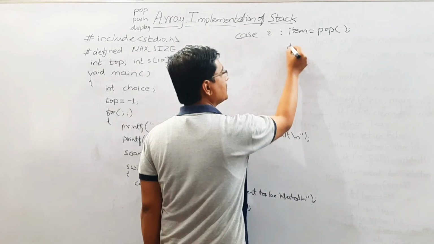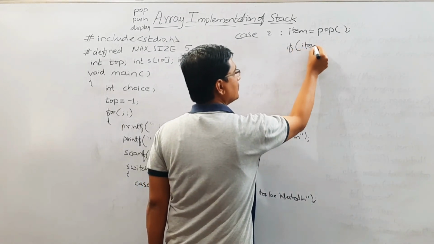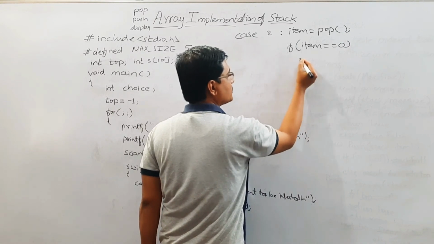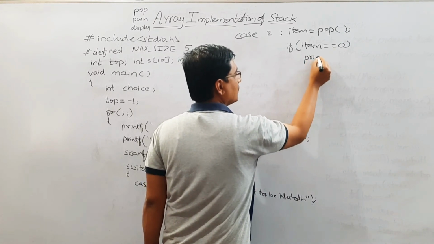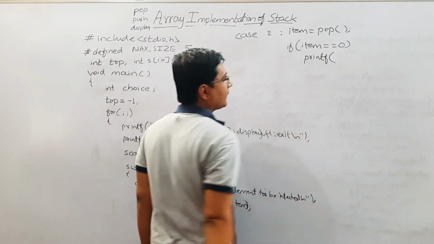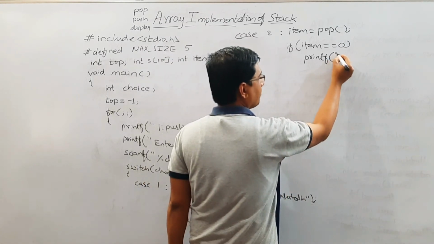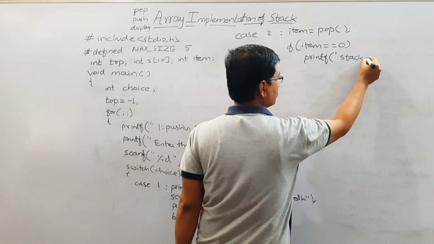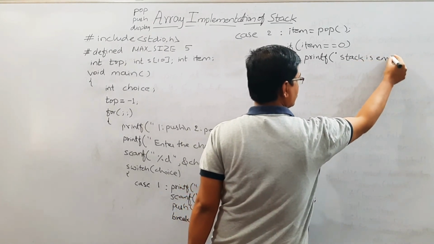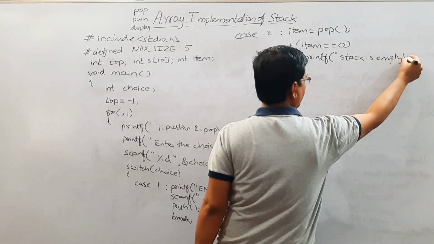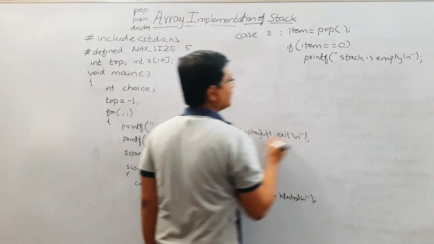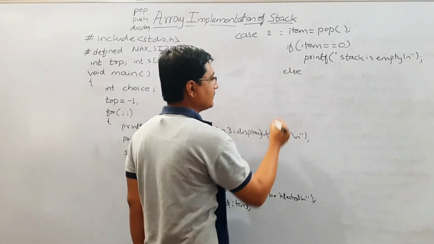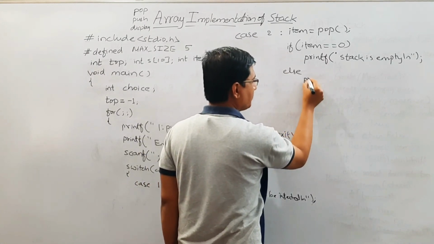So if this popped element is equal to 0, then I need to say that stack is empty. Otherwise the popped element should be printed.